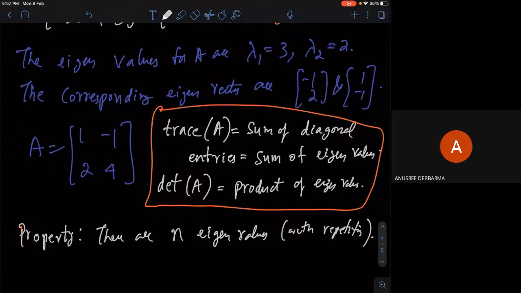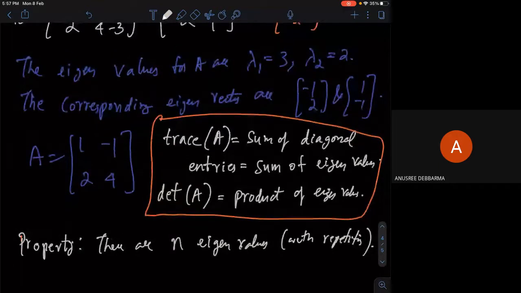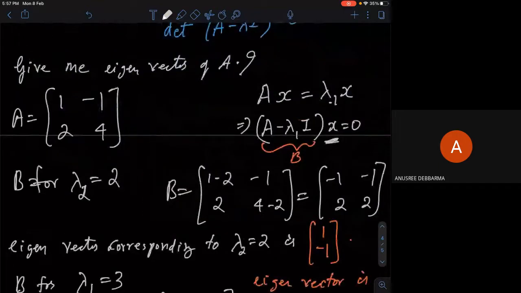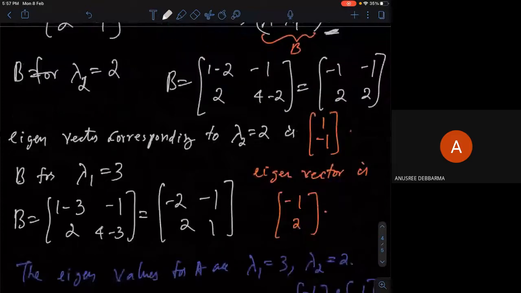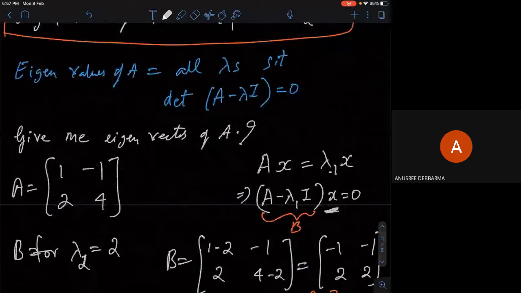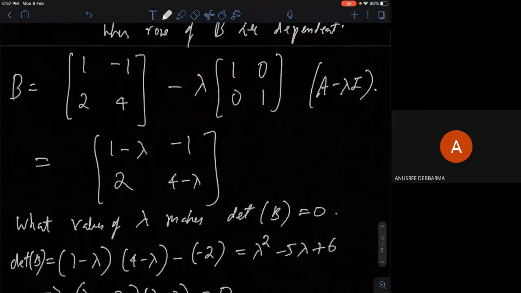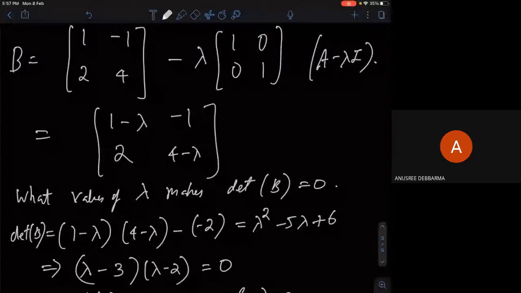For an n cross n matrix, there are going to be n eigenvalues with repetition. Why is that true? Because we are interested in finding the determinant of A minus lambda I. So any A minus lambda I is going to look like this.